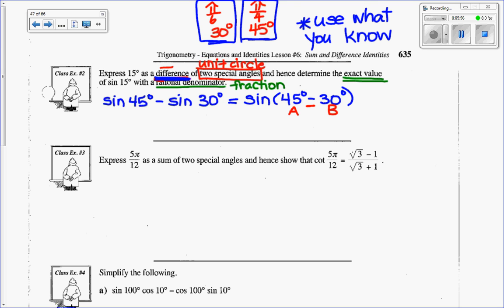Okay? So this identity is right on your formula sheet. It's the sine of A minus B. See where that is?